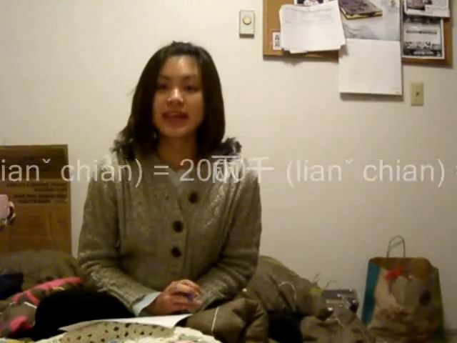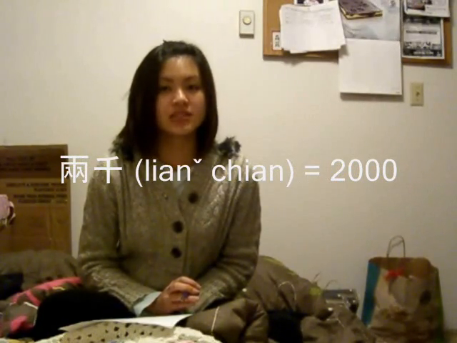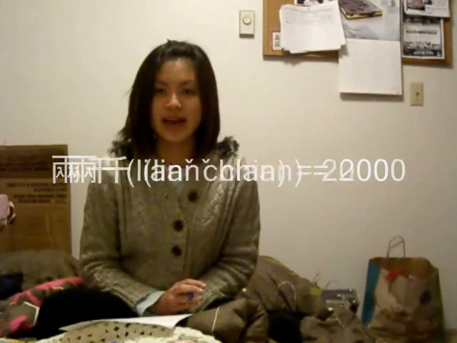When we're saying 2,000, we don't say 二千, that just doesn't sound right. So we use the special term for two, 两千. 两 is third tone, 千 is first tone.